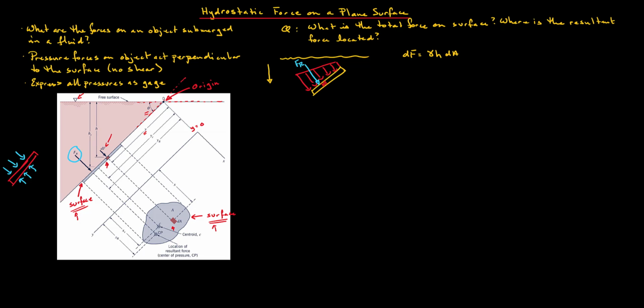The magnitude of the resultant force can be found by taking the summation of all these differential forces over the surface. So this summation takes the form of an integral. So the resultant force, Fr, is equal to the integral over the entire area of the submerged surface of gamma h dA.